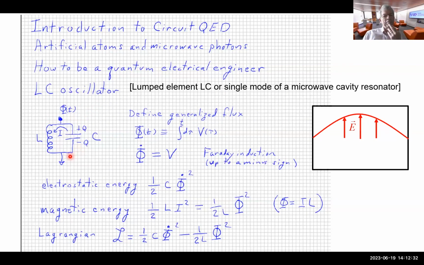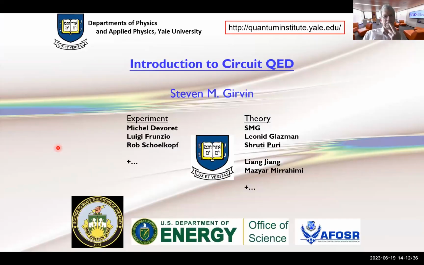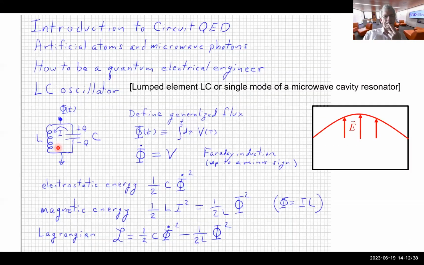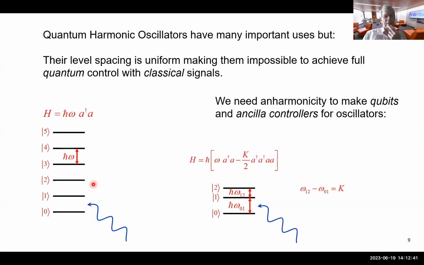But when you quantize it, you end up with discrete energy levels. So here, the charges are just jiggling around due to vacuum zero-point uncertainty of the position. In the first excitation, there's more motion. In the second, there's more motion.